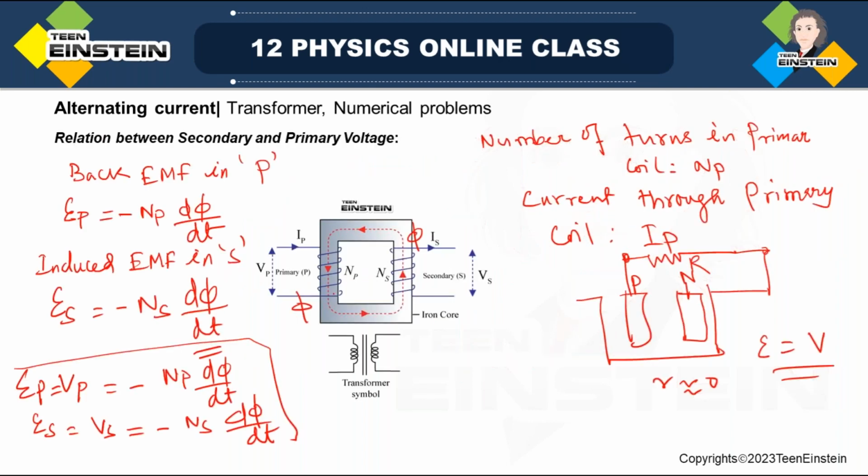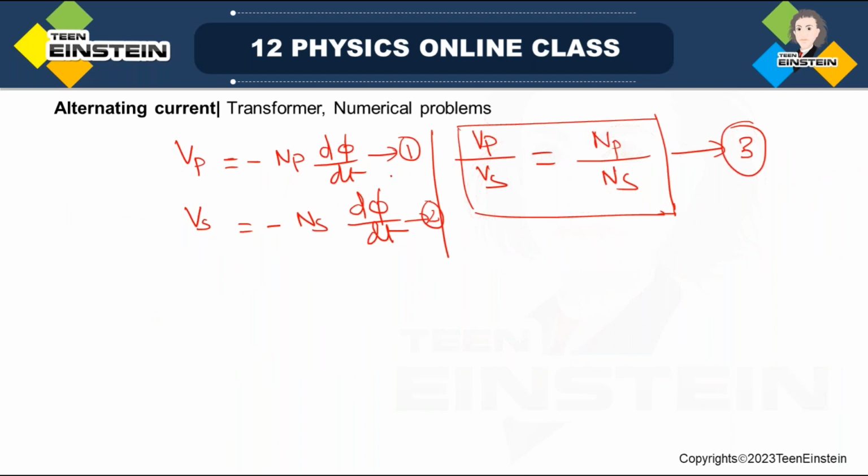I'll tell you after some time what efficiency is. If the efficiency is 100%, that means whatever input power is given, the same output power will be induced in the secondary. So that is 100% efficiency.